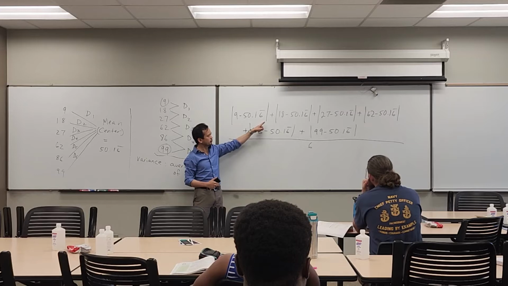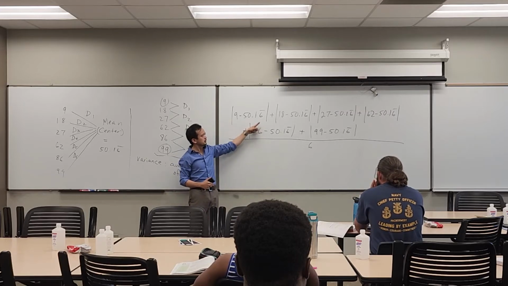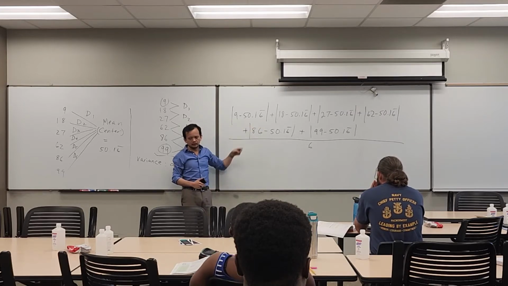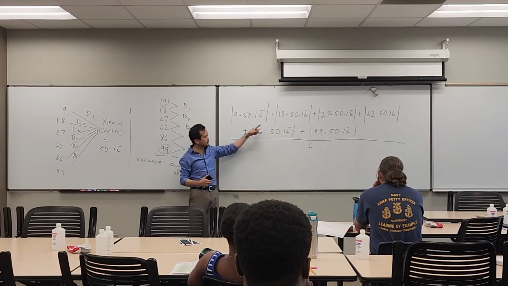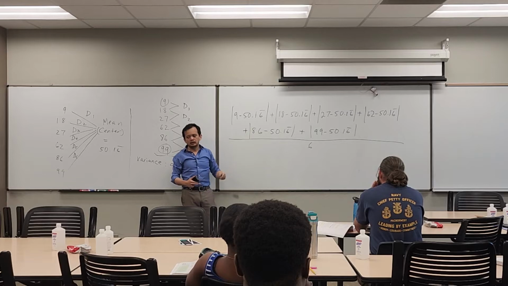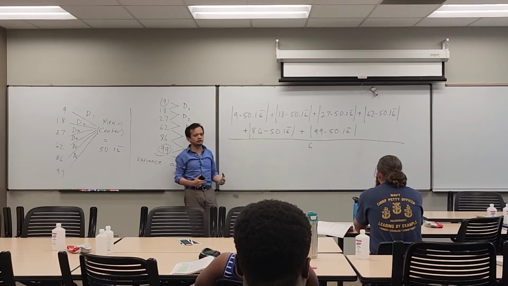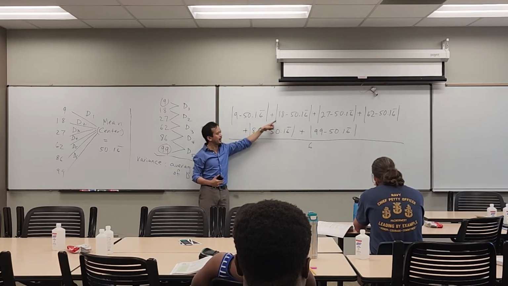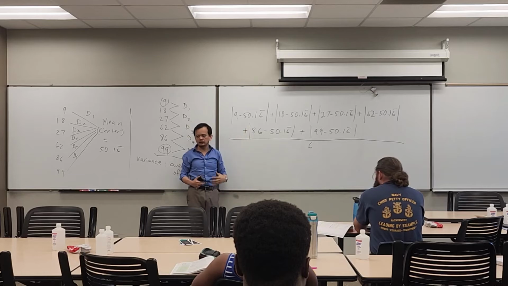So in this formula, we're not gonna deal with this absolute value. Remember, the whole point of this absolute value was to force each of these distances to be positive. And so how else would we allow a value to be positive without using absolute value?